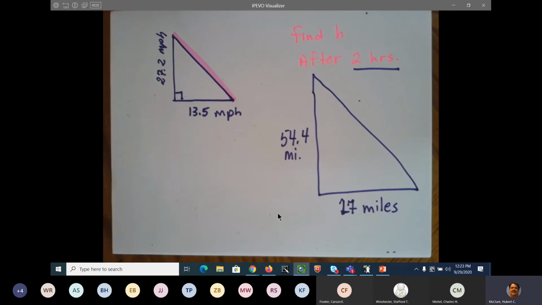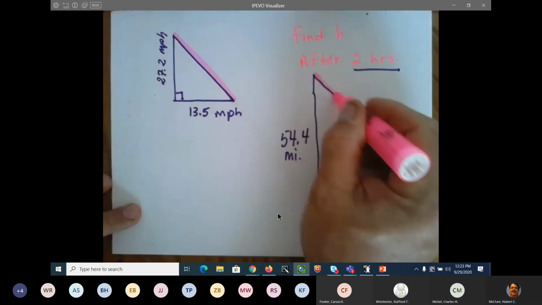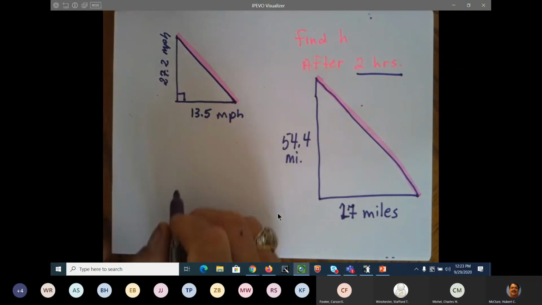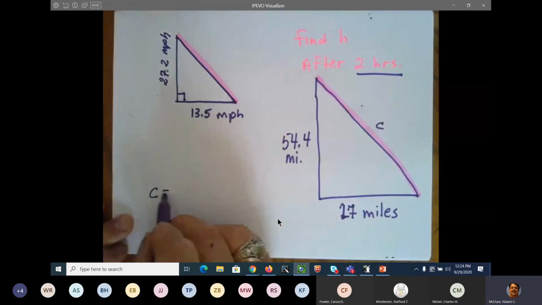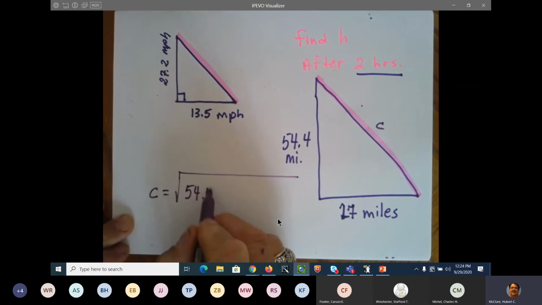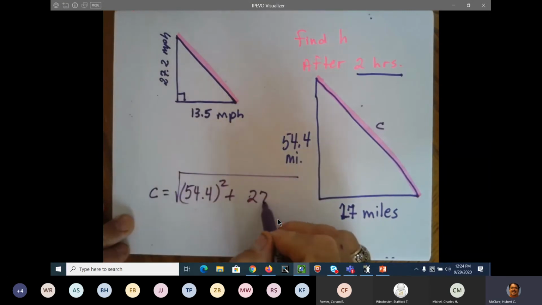You still want to find H. Well, all you've got to use is what? Pythagorean Theorem. I think that's what you said, right? Yes. So C is equal to the square root of 54.4 squared plus 27 squared.